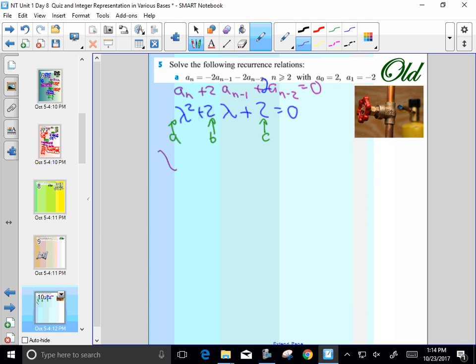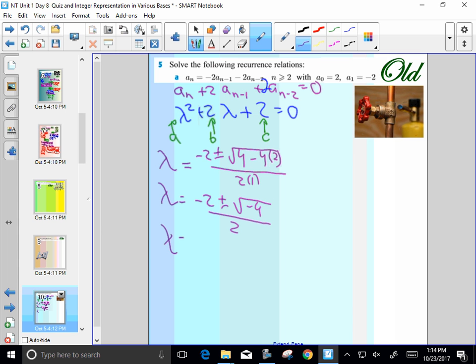So lambda is equal to negative 2 plus or minus the square root of 2 squared minus 4 times 2 times 1, all over 2 times 1, which is negative 2 plus or minus the square root of negative 4 over 2, which is negative 2 over 2 plus or minus the square root of 4 times the square root of negative 1 over 2.